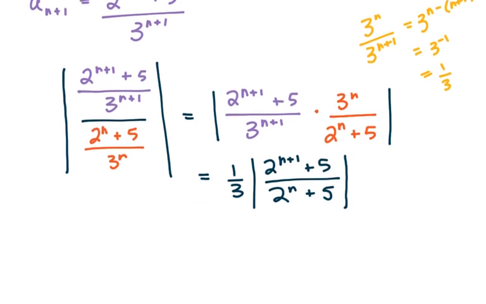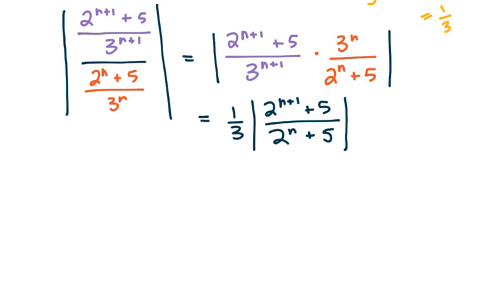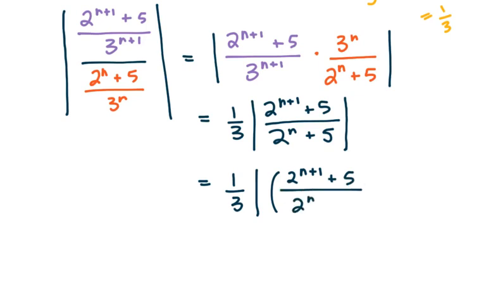So looking to simplify this so we can apply our limit to infinity. I don't like this n plus 1 we have as a power. So what I'm going to do is take that rational expression, 2 to the n plus 1 plus 5 over 2 to the n plus 5. Remember, it's okay to multiply by 1. And in this situation, I'm going to multiply by 2 to the negative n over 2 to the negative n. So all I'm doing is multiplying by 1.